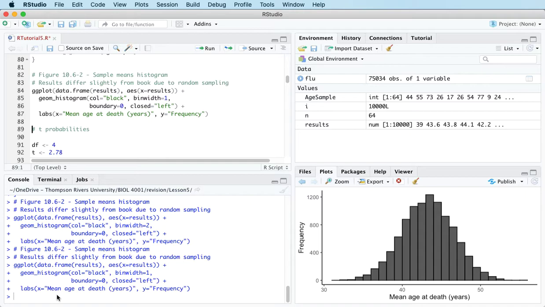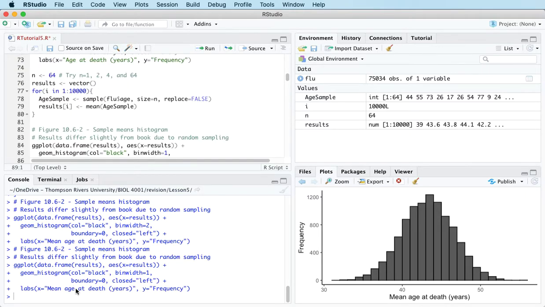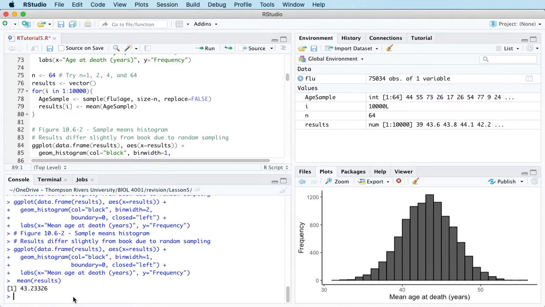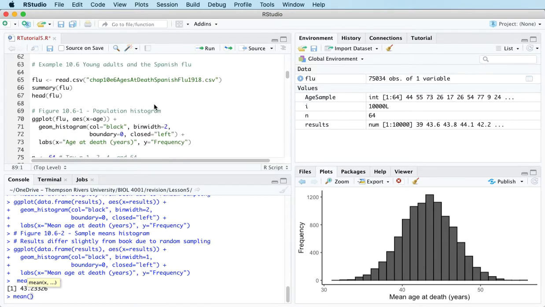Actually, I guess we can calculate it, right? Let me just get the right code here. Yeah, let's take a look. Mean of results. So this is the sample mean. There we go, 42.23. Okay, and what was the mean of the population? So I just want to make sure I get the code right.